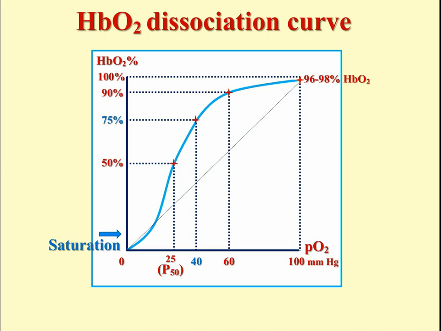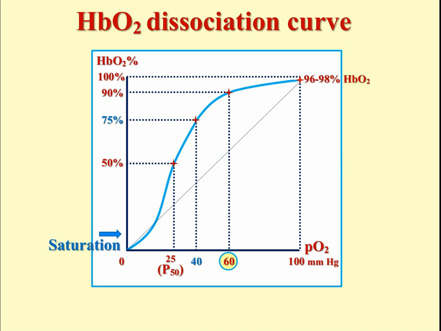And notice, what is the advantage of this sigmoid shape of the curve? That blood, even at 60 millimeters PO2, which is really hypoxia, already provides saturation of blood with 90% of oxyhemoglobin.